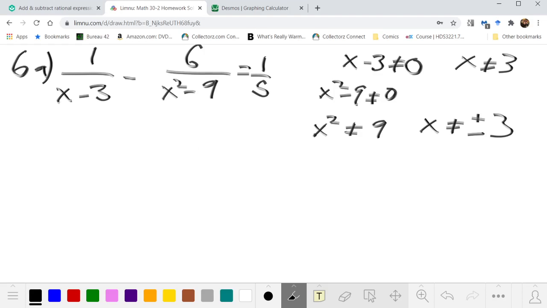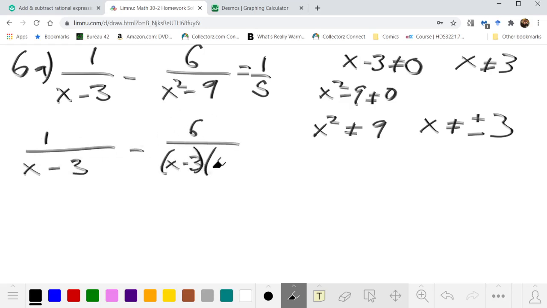So now we simply need to solve for our values of x. We can start by writing everything in its factored form. So x squared minus 9 is that difference of perfect squares, which works better if I copy it down correctly.